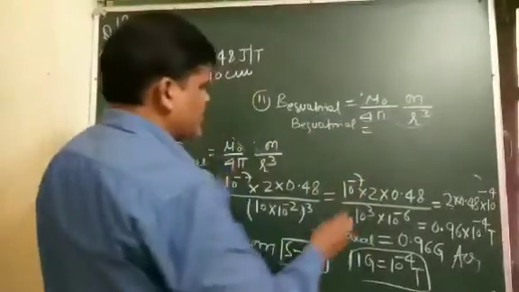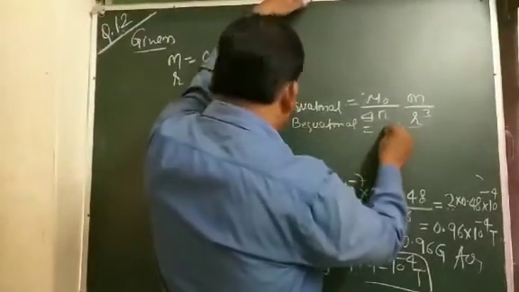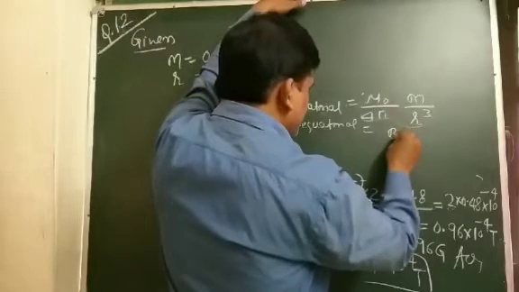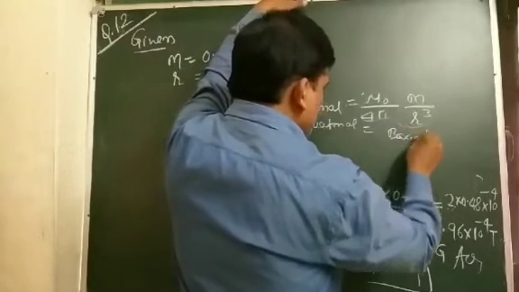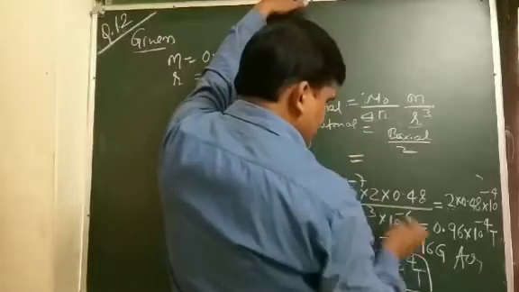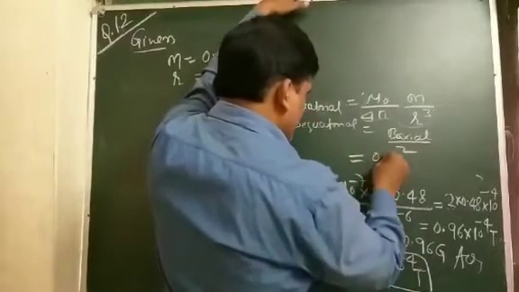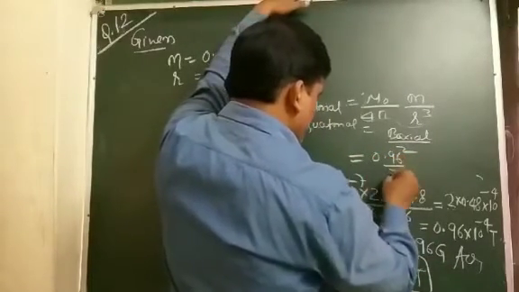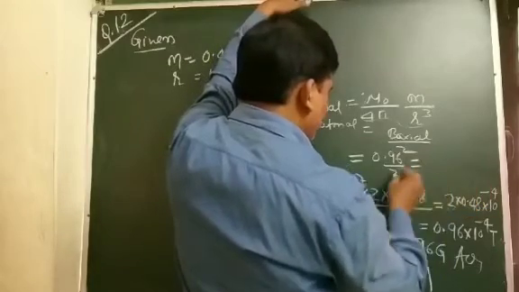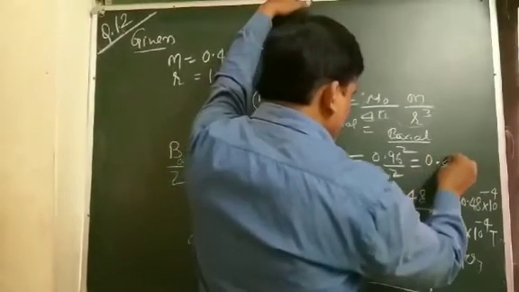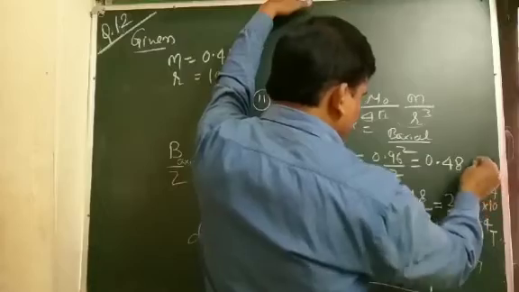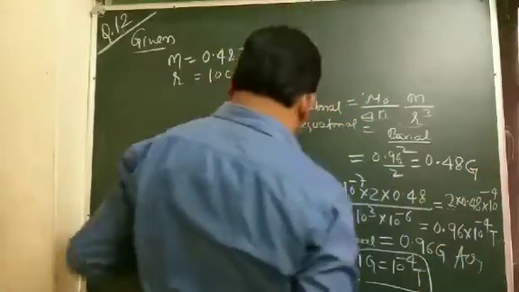So directly, without solving, I am writing here B axial by 2, and B axial I have already calculated, 0.96 by 2. So B equatorial comes out to be 0.48 Gauss. This is the answer.